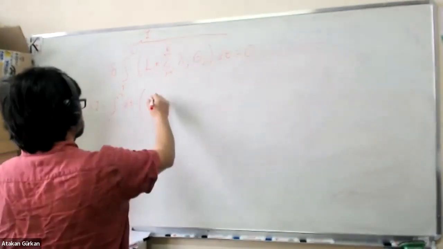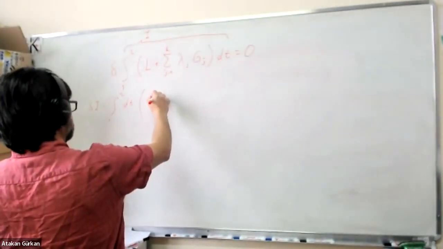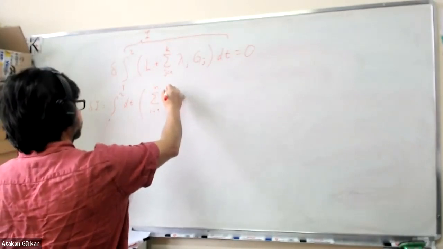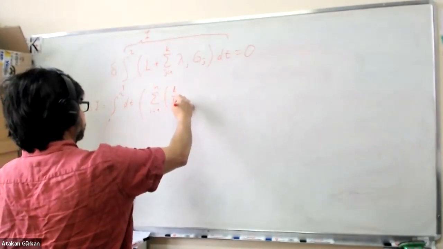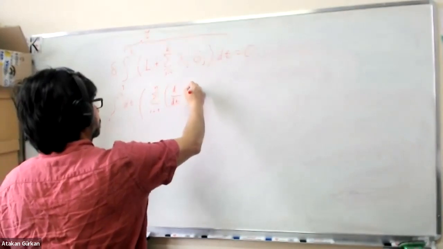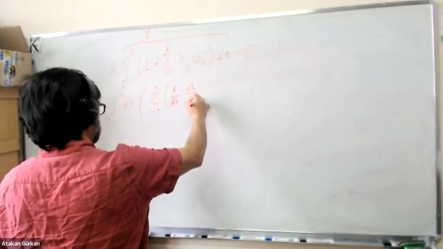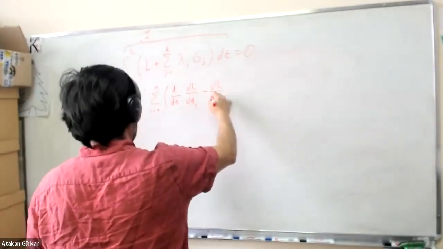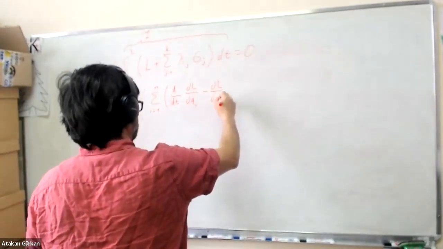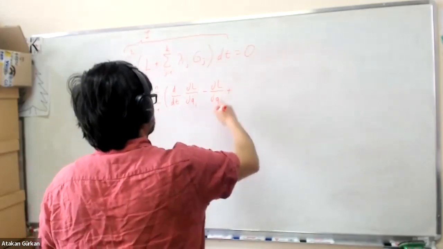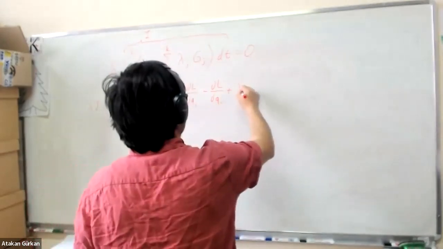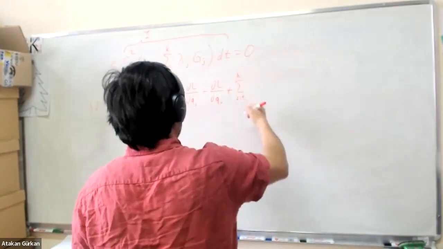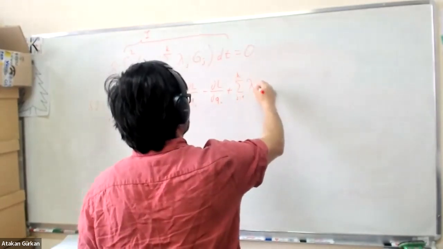So first there's the variation with respect to coordinates, the derivative of L with respect to q dot, and then the variation with respect to the lambdas, the Lagrange multipliers.